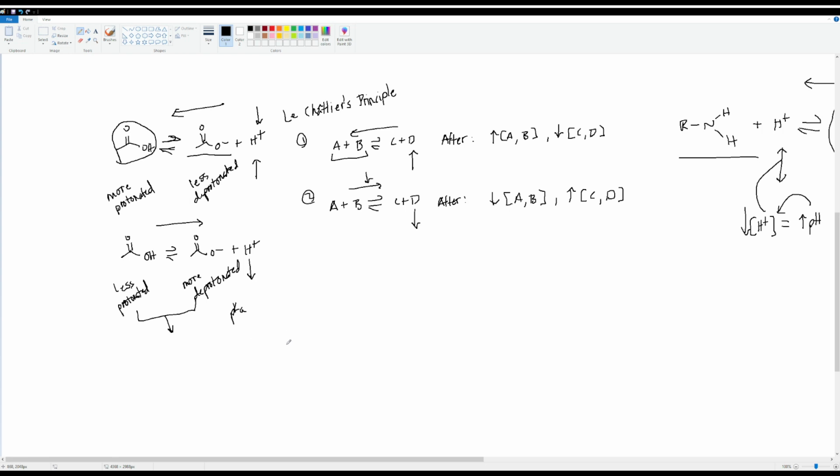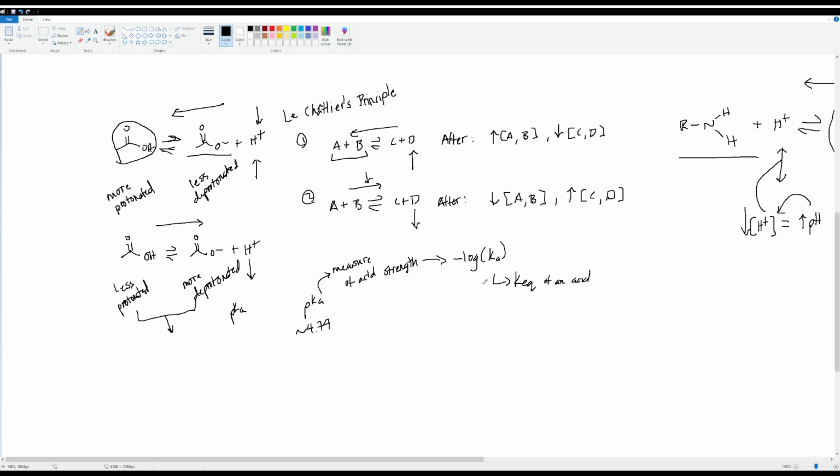When we have a pKa, and for acetic acid it's about 4.74, pKa is a measure of acid strength. How we get this is by taking the negative log of the Ka. And the Ka is just the KEQ of an acid.